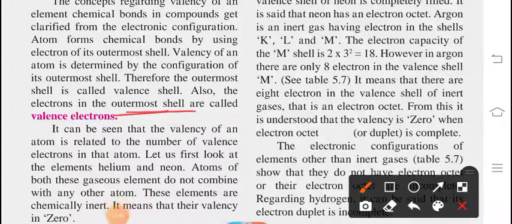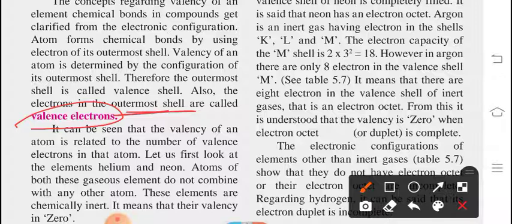Whatever the outermost shell is, the electrons in it are called valence electrons. In the pairing happening between hydrogen and oxygen, the outermost electron in the hydrogen gets paired with the oxygen. Whatever giving and taking of electrons happens in the outermost orbit, such electrons are called valence electrons.